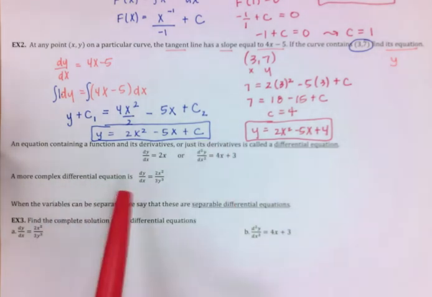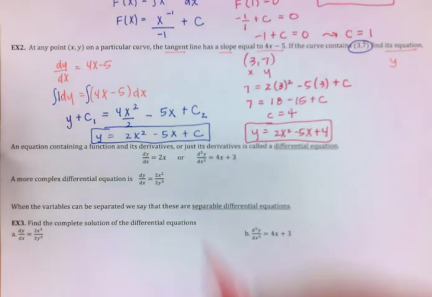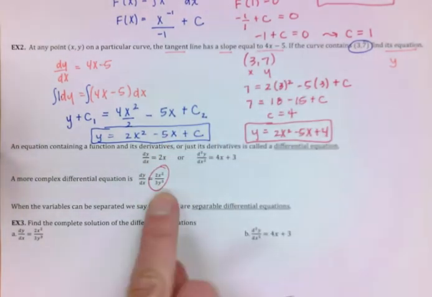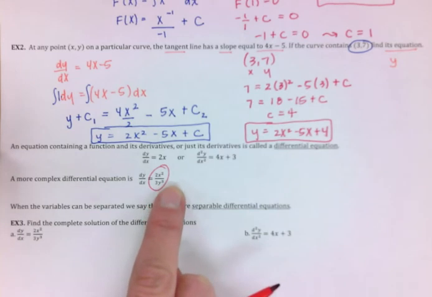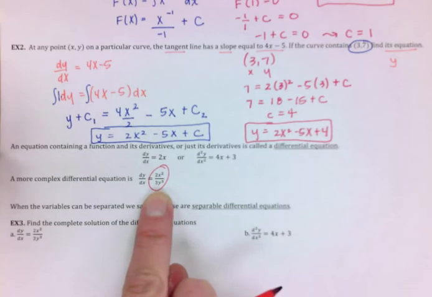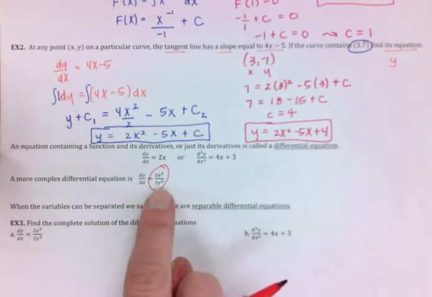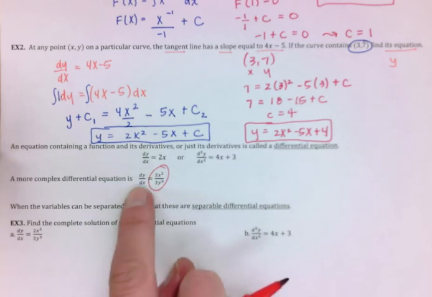A more complex differential equation is one like this. This is more complex, of course, because on this side your function is including an x and a y. So you're more complex over here. You still have the derivative, and then you have this 2x squared over 3y cubed. So when you have this, you're going to have to separate so that your y's go with your y's and your x's go with your x's.